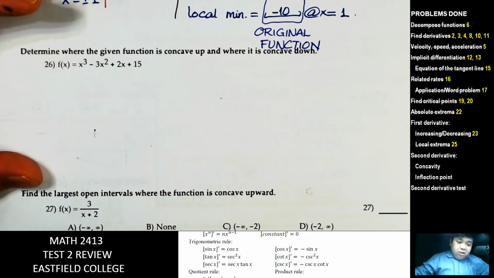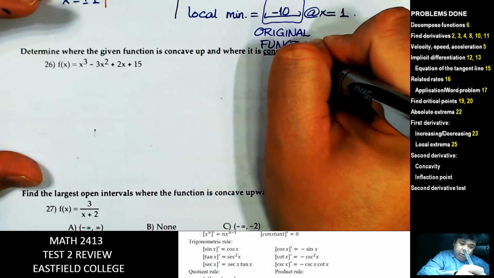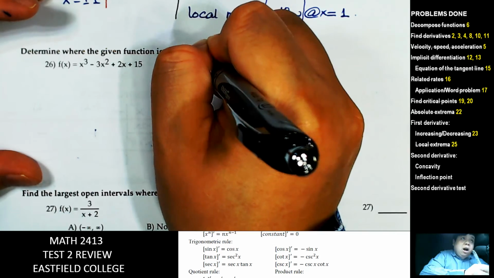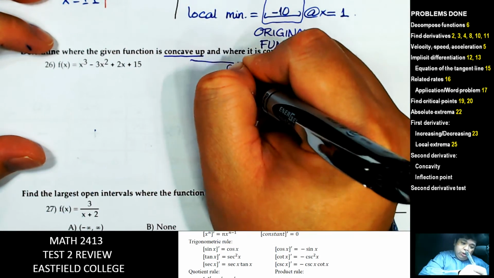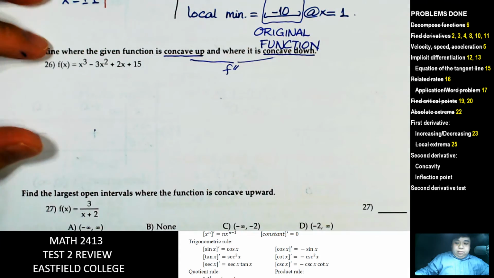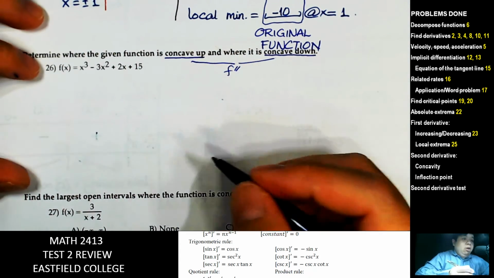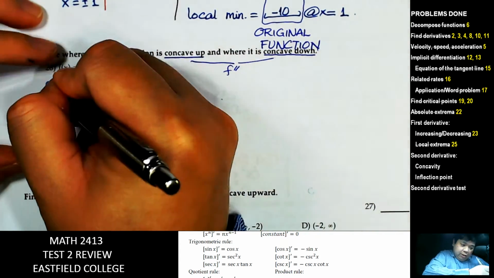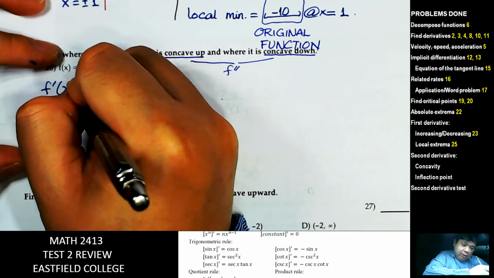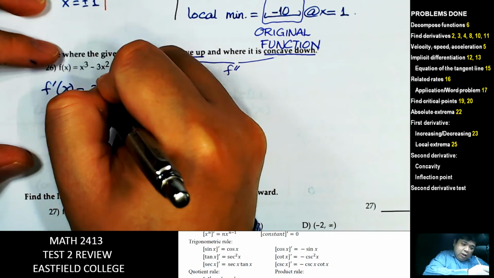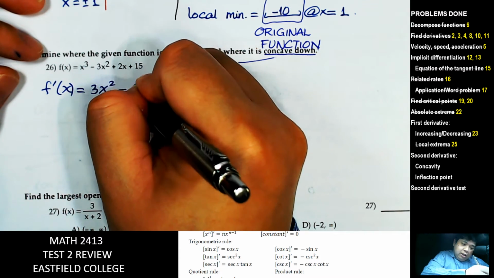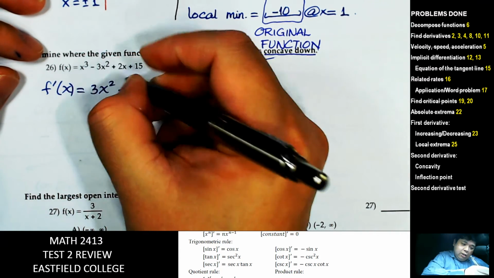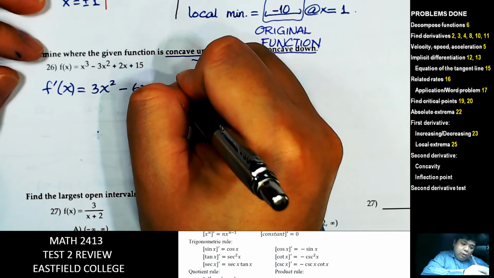This problem asks for the concave down and concave up. So that is where we use the second derivative. Right. So first derivative, 3x squared minus 6x plus 2.